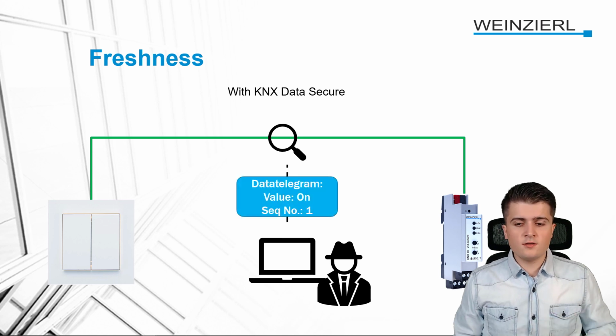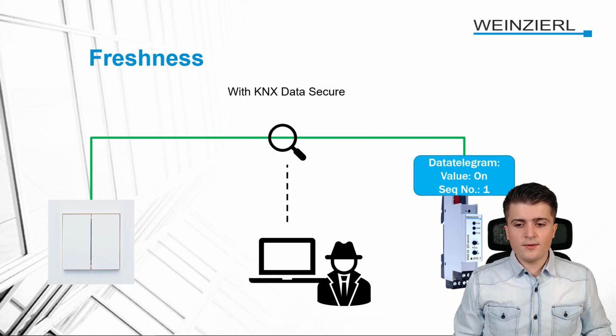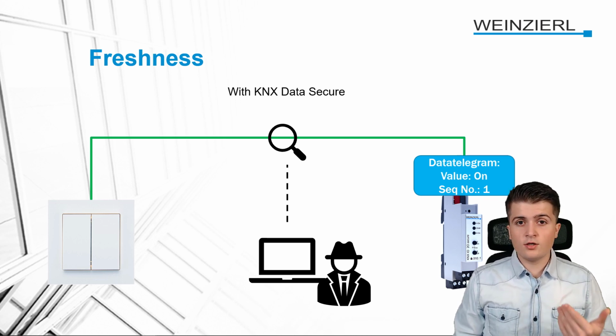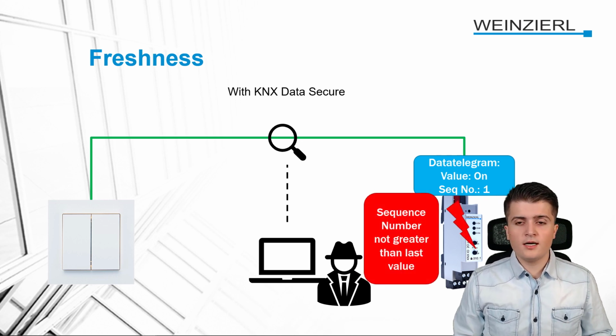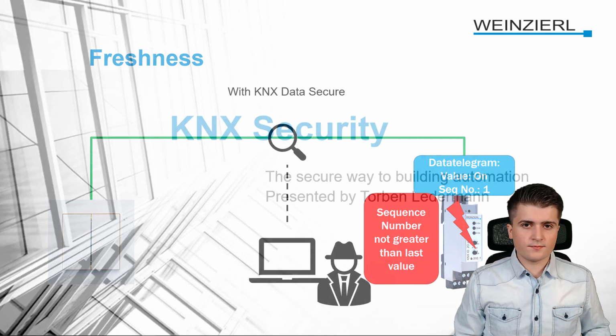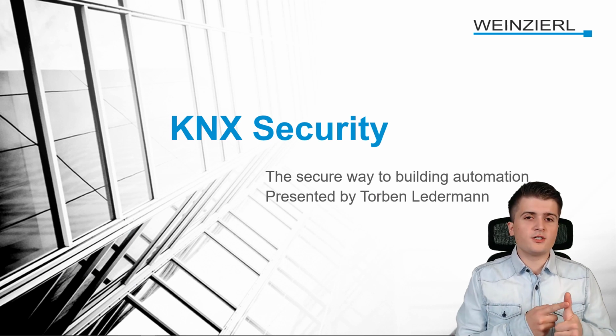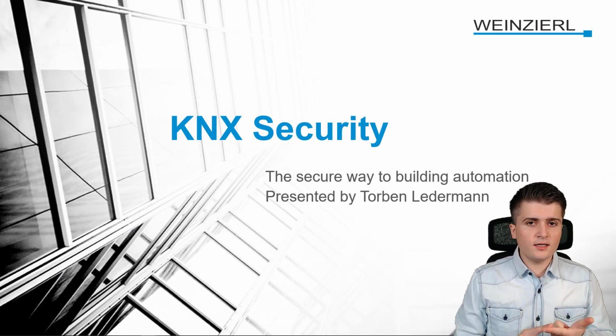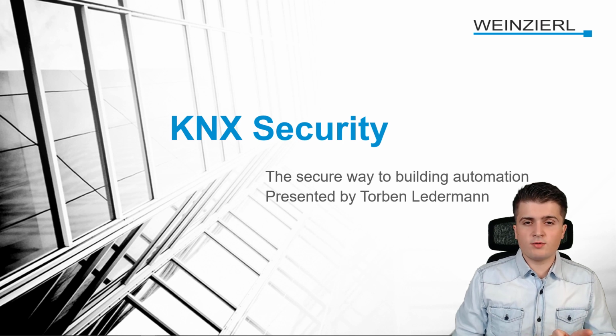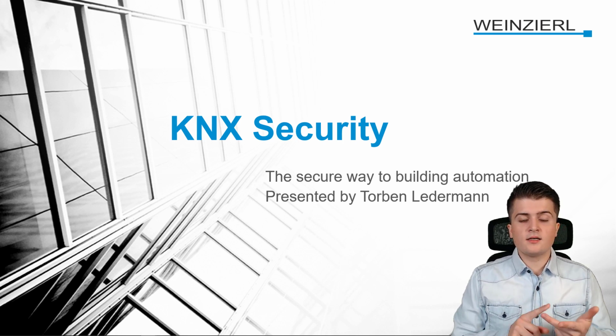The attacker sees this telegram and resends it, but the sequence number hasn't changed, and so therefore the switching actuator notices that this is the exact same message, which just isn't possible, and so it will block the telegram because the sequence number is not greater than the last value. So those were the three pillars of KNX Data Security. Confidentiality, which means encryption, data integrity, which means that we can't manipulate the values, and freshness means that we can't resend those values.